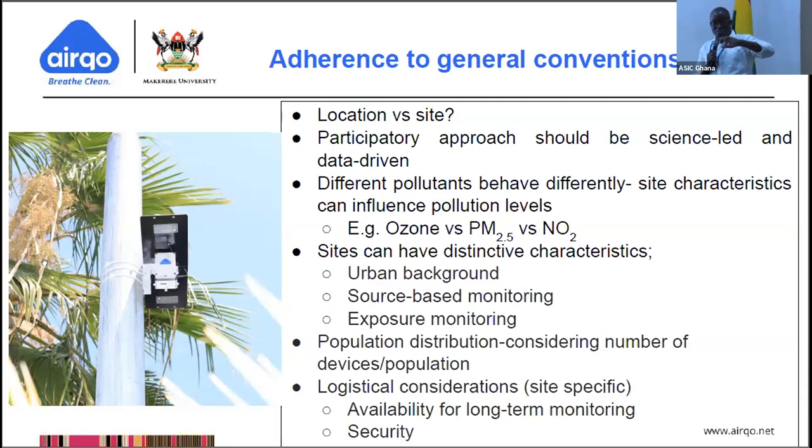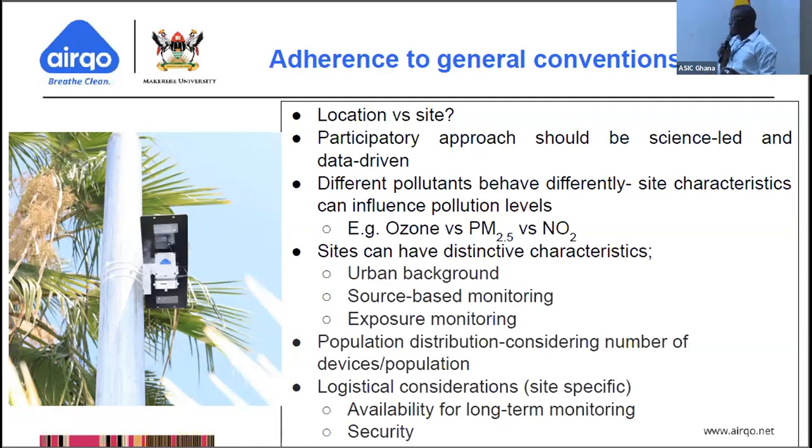We can have 2 devices, but those are now sites, while the location is a larger area. And then the approach should be science-led. You don't just wake up in the morning and say put it there and there. So you should have some data and scientific evidence for why you need that. The different pollutants behave differently. I think most of us have already discovered that the site characteristics can be influenced by what you're measuring, ozone, PM values, or the NO2s.